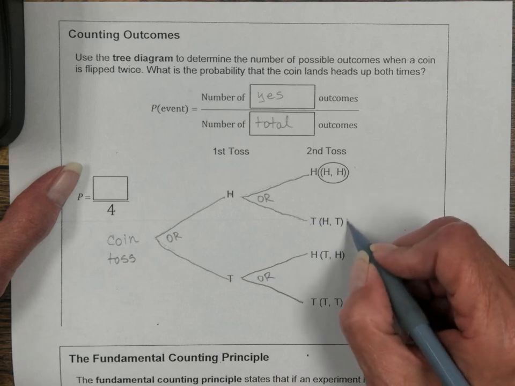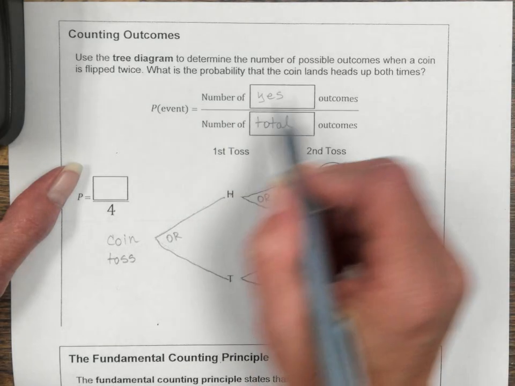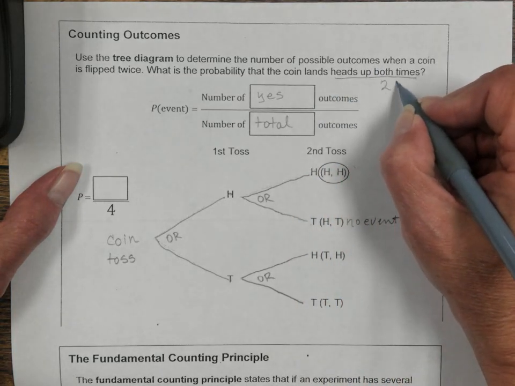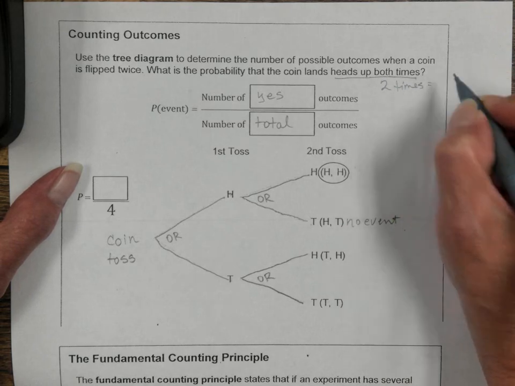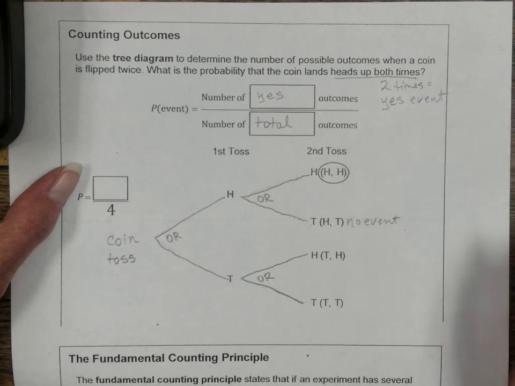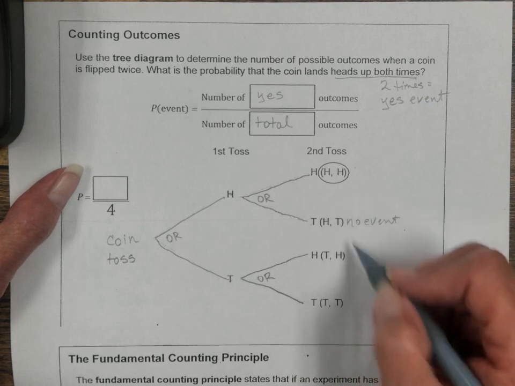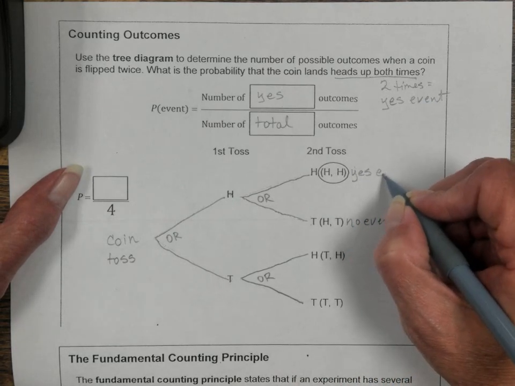But this is a no event. Okay? I wanted heads up both times. 2 times is my yes event. Head and a tail, that counts as a no event. I should probably write this. This is the yes event. 2 heads.